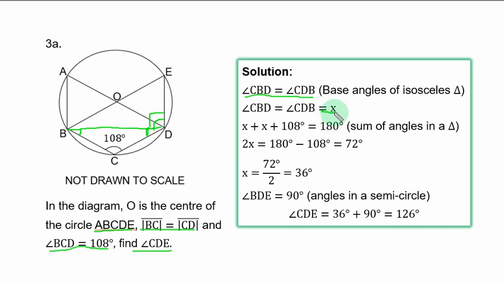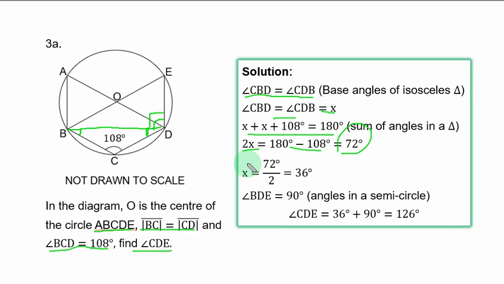So if you add in triangle BCD, the three angles, the sum is 180 degrees. If you add S to S is 2S, you transfer this, it becomes negative, and if you subtract it from 180, you have 72 degrees.